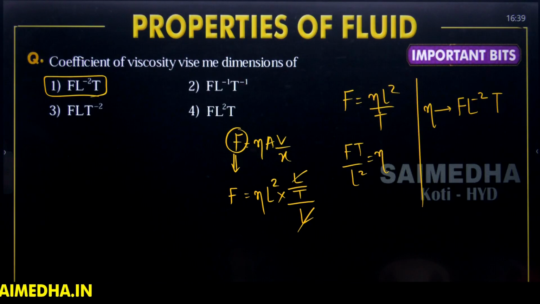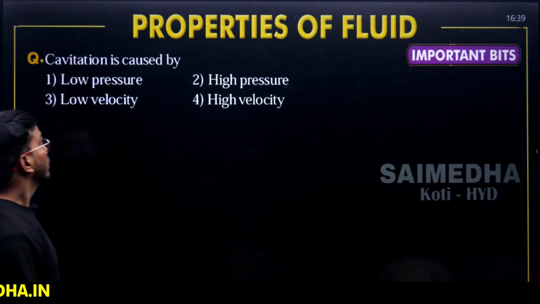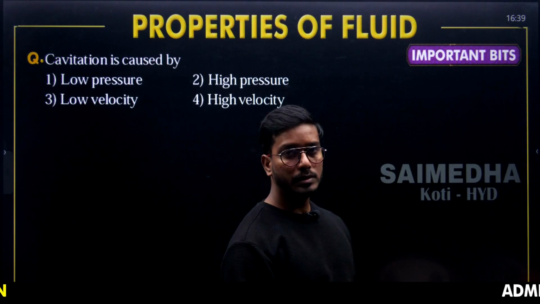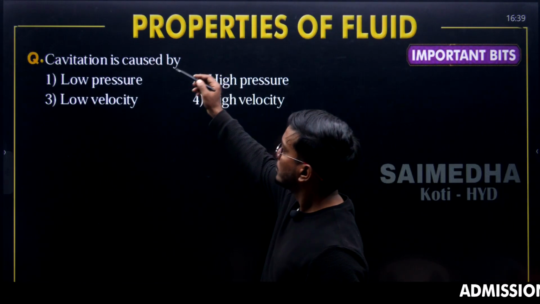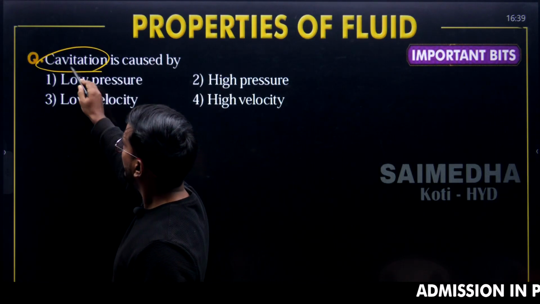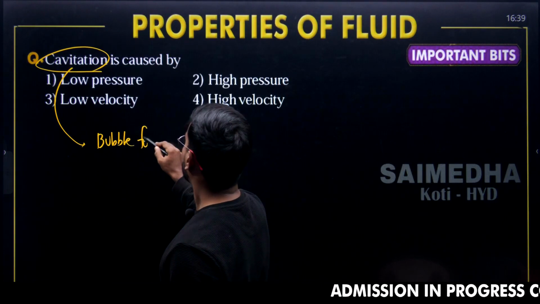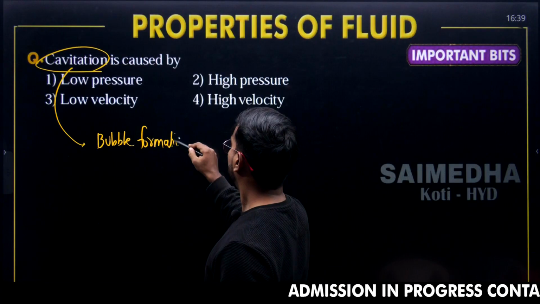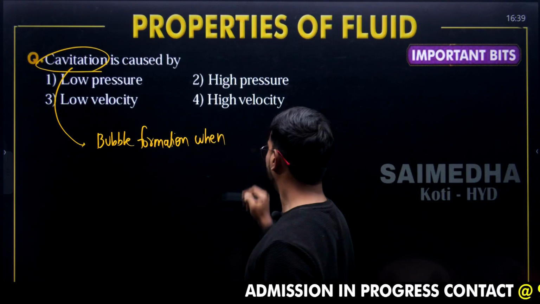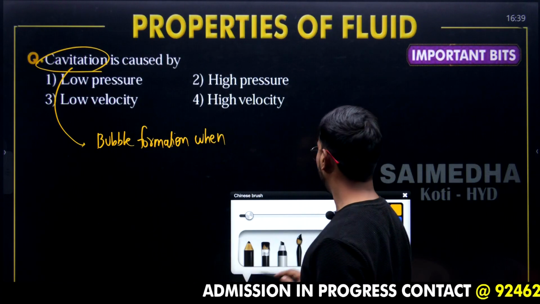Next question is given over the board. Cavitation is caused by. Cavitation is formation of bubbles. Cavitation is bubble formation when pressure falls below vapor pressure. Very important question and expected question in the examination. Remember this.